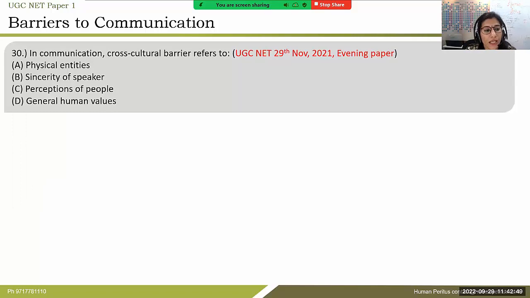Next question. In communication, cross-cultural barrier refers to what? Are these related to physical entities? No. Sincerity of the speaker? No. This has no relation with the culture. Perceptions of the people, general human values. So here the correct option is perception of the people, because culture actually predicts the perceptions of the people.